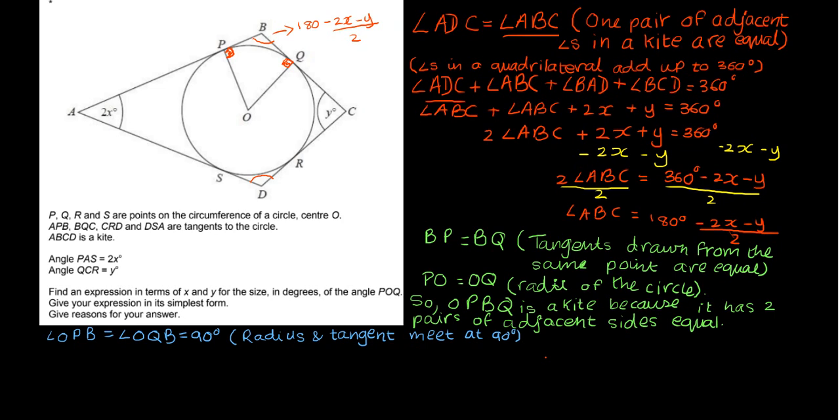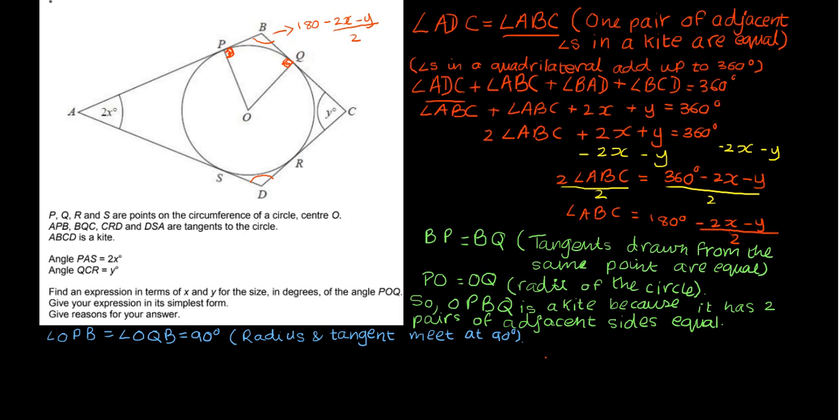Okay, right. So now in the kite OPBQ, it's a quadrilateral, so all four angles will add up to 360 degrees.